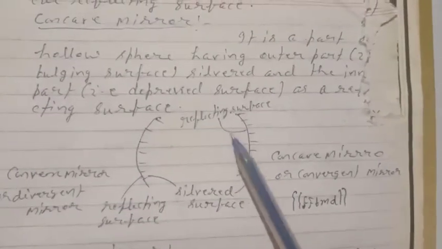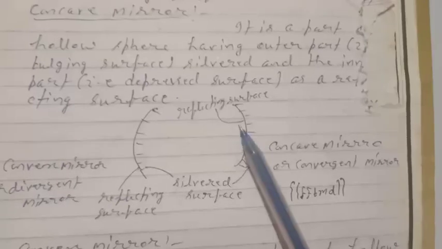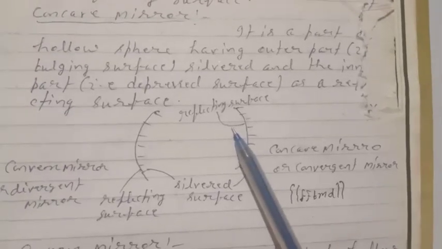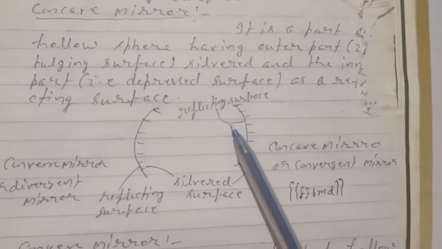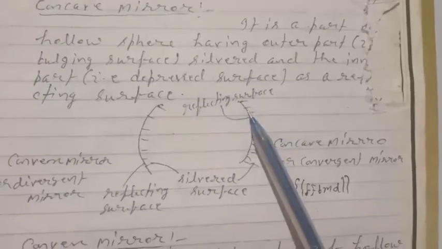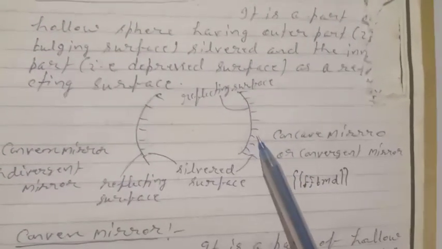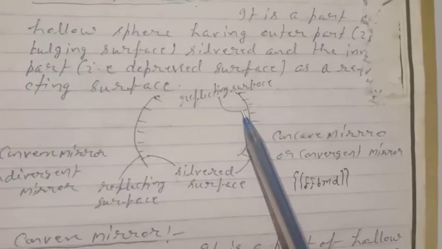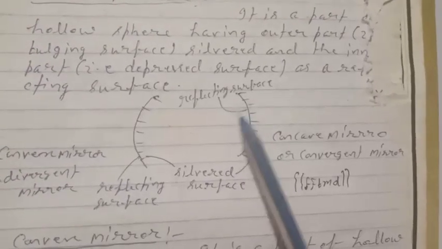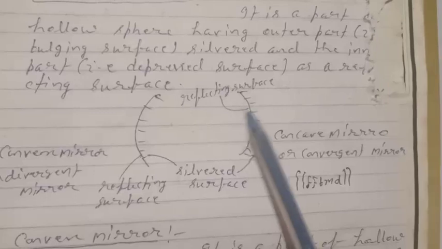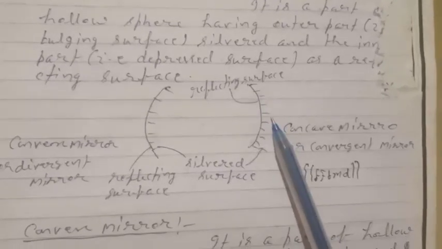And this is the situation for concave mirror. Here the bulging surface is silver, that is this part is bulging, so this is silver, and depressed part is reflecting, so this will be called concave mirror.